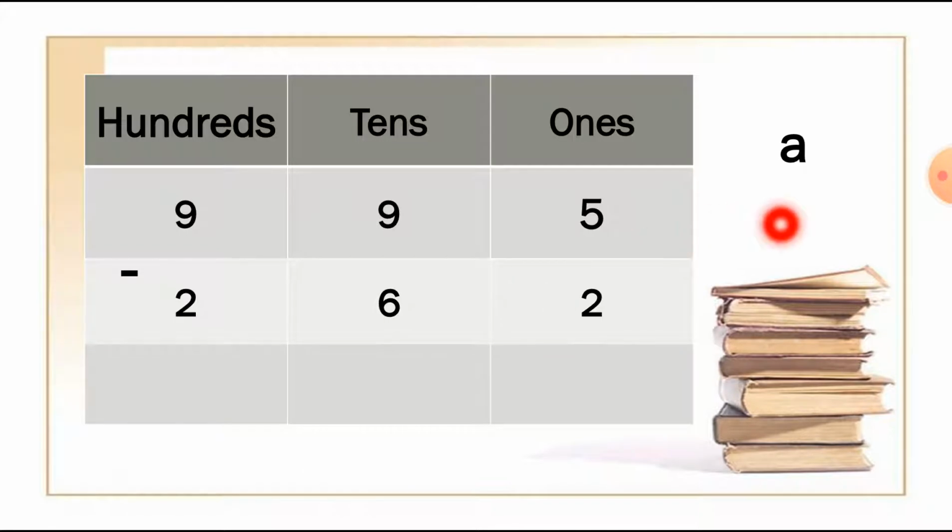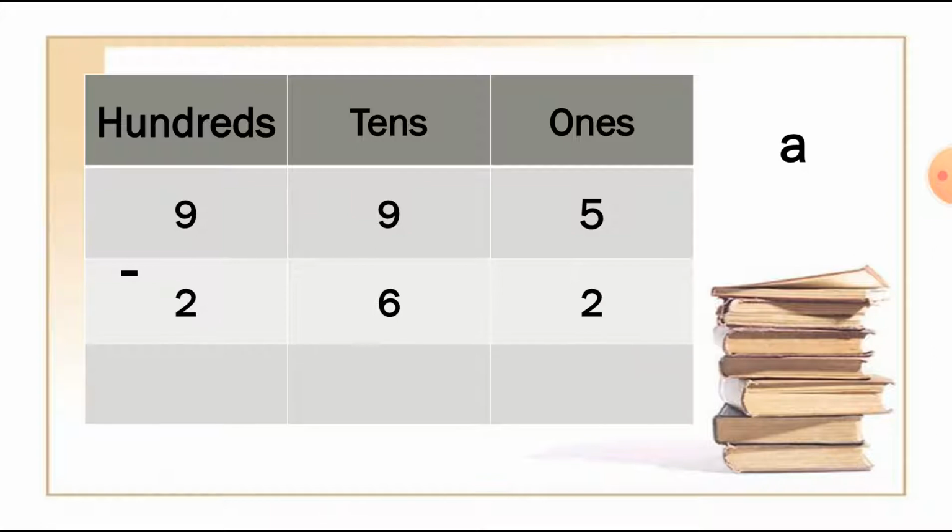Here is sum number A, and the question is 995 minus 262. I repeat, 995 minus 262.